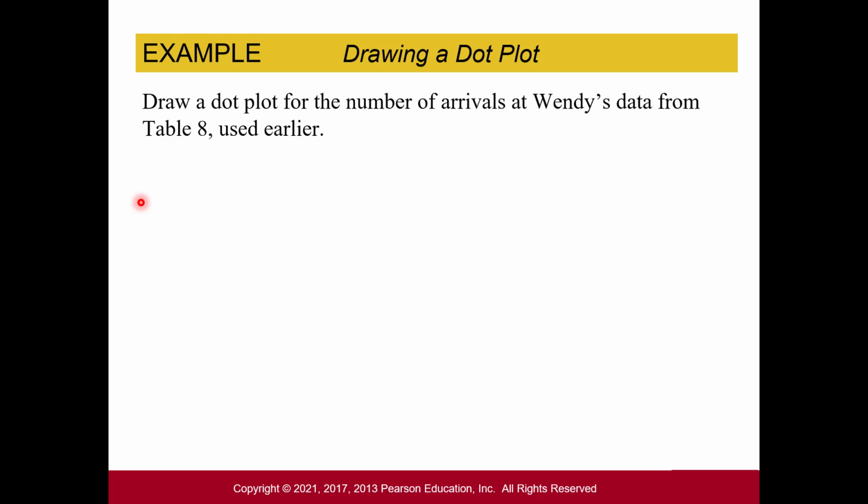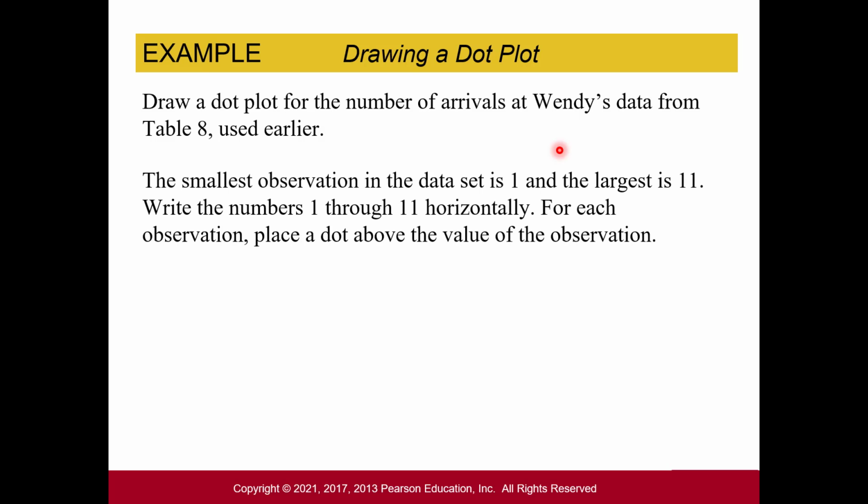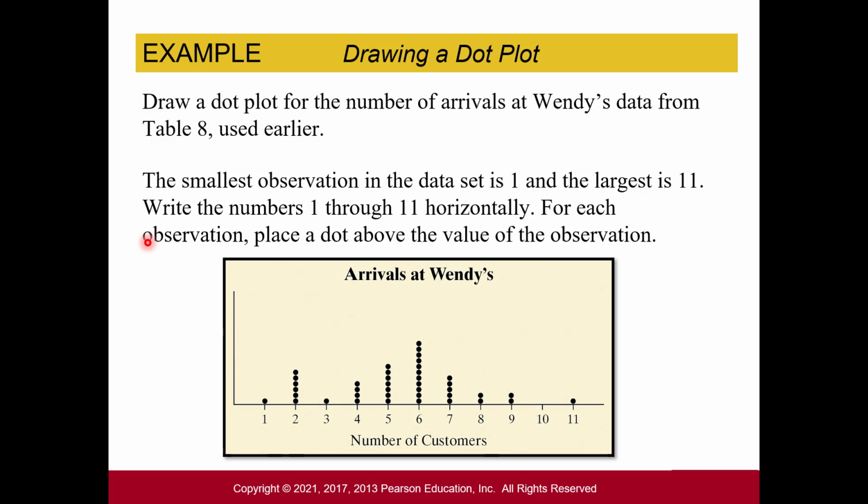So we're going to draw a dot plot from our Wendy's data, if you remember, for people coming in 15-minute intervals at lunch. From that data, if you recall, the lowest observation was 1 person coming to the restaurant, and at another time the largest was 11 people. So we write 1 through 11 on our horizontal axis, and then we place a dot every time we count a value for 1 through 11.